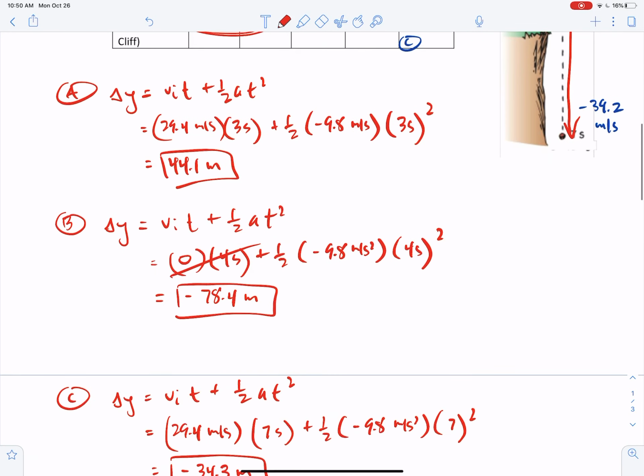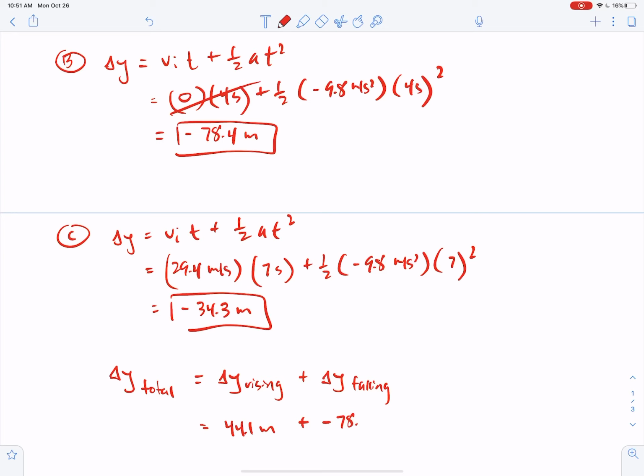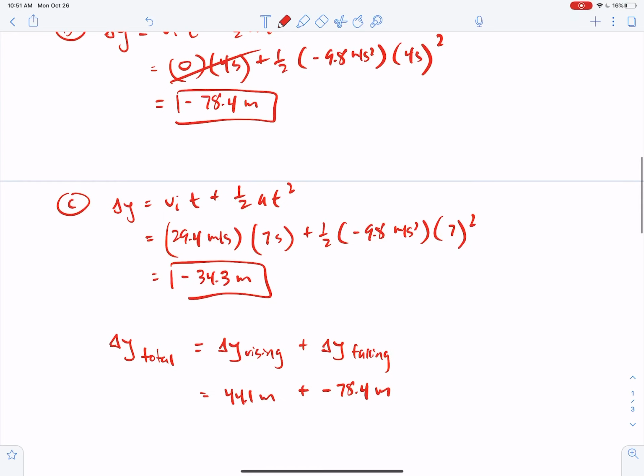In other words, delta y total is equal to the change in position while it's rising, right? Plus the change in position while it's falling. I already got the change in position while it was rising. That was the 44.1. And I already got the change in position while it was falling. That was the negative 78.4.